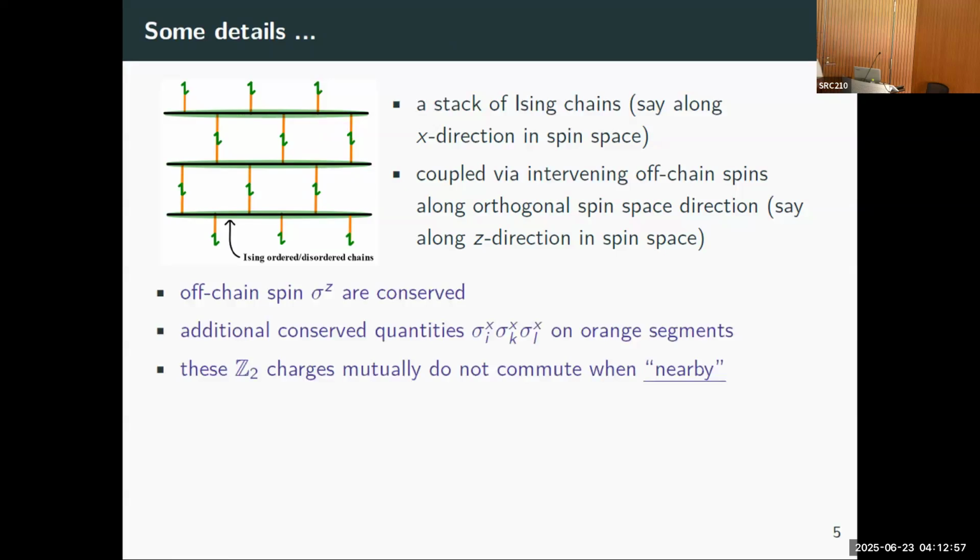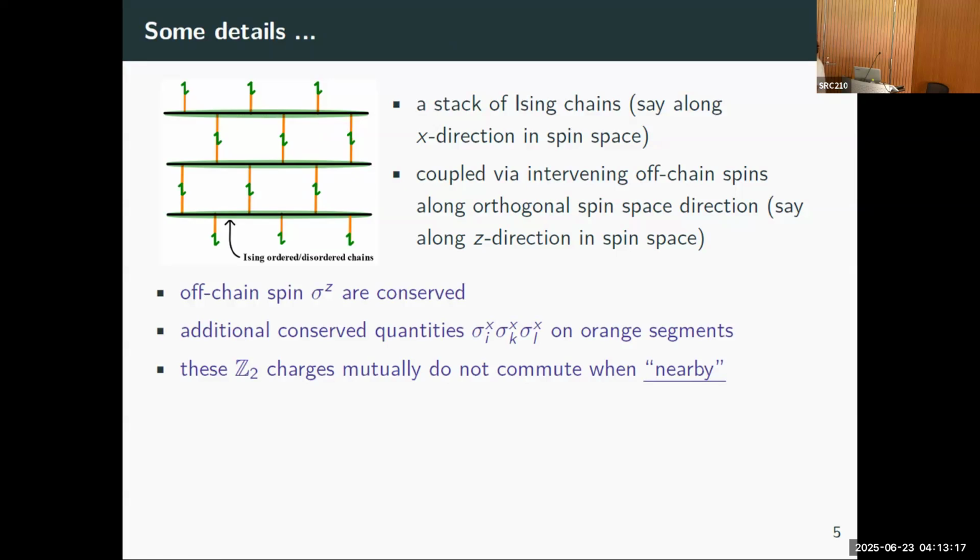And from the point of view of the algebra, these extra off-chain spins, because it's just an Ising coupling along the Z direction, the sigma Z is conserved. Just like in the classical Ising model, all the sigma Zs are conserved. Similarly, these sigma Zs are conserved.